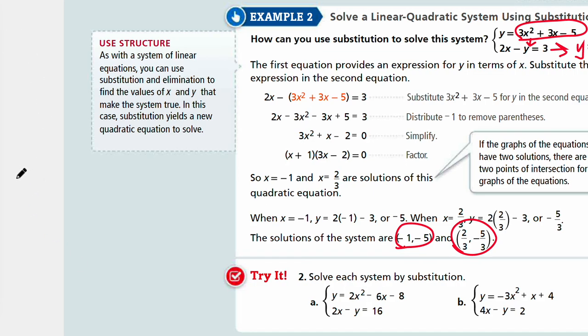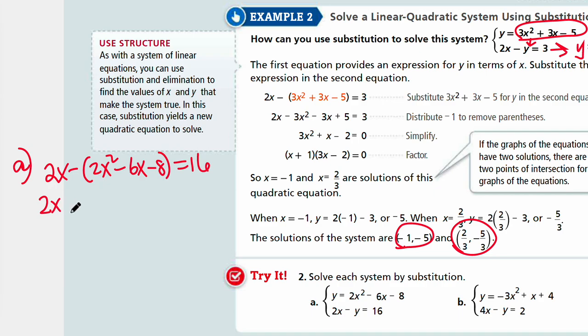Okay, let's look at the first equation. You're going to solve this by substitution. So since you have the first equation solved for y already, you can substitute this into your second equation and say 2x minus parentheses 2x squared minus 6x minus 8 would equal 16.